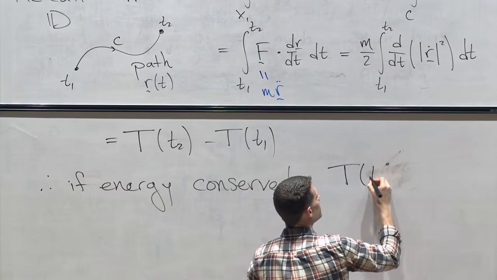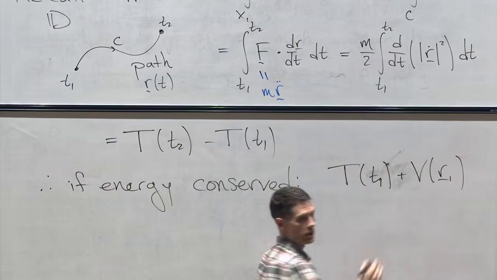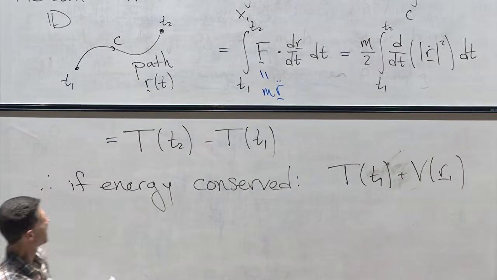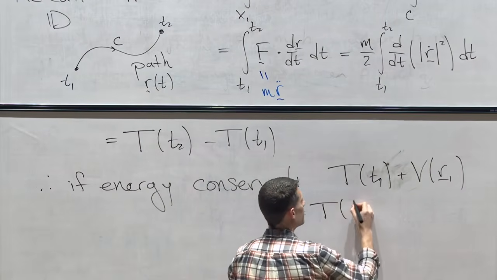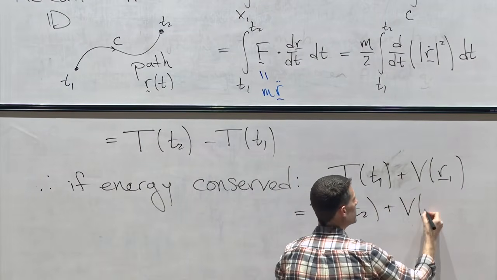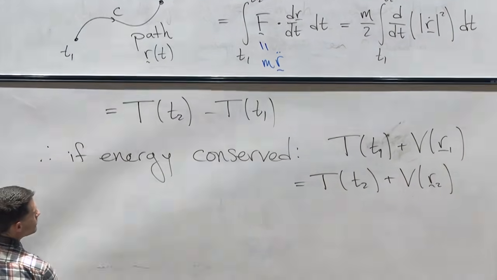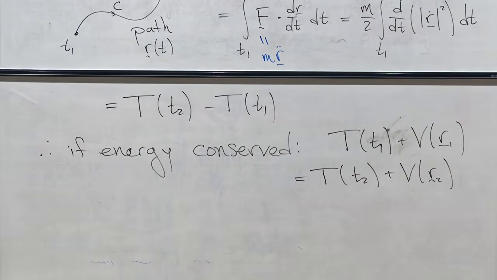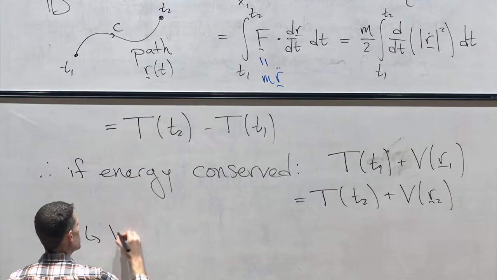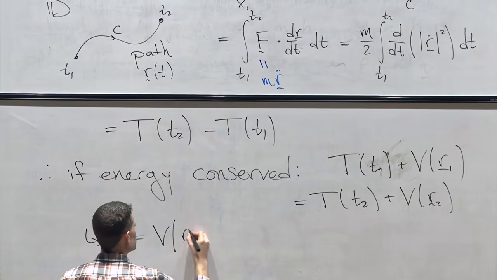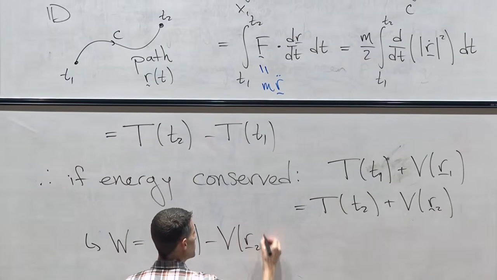T of t1 plus V of R1, where I'm going to call R1 the point corresponding to where the particle is at time t1, equals T of t2 plus V at position R2. So therefore, T of t2 minus T of t1 is V of r1 minus V of r2. So therefore, W is V of r1 minus V of r2.